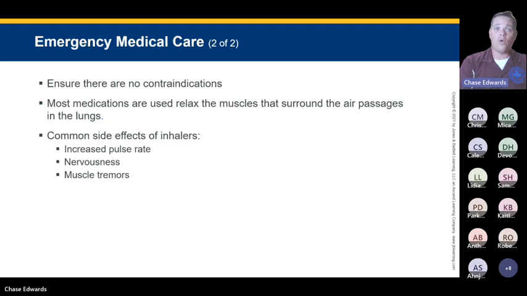If you want to know more about that, your skill drill 16-1 can be used to help a patient self-administer medication from an MDI. So if you want to help a patient self-administer a medication from a small volume nebulizer, your skill drill 16-2 can also show you that.